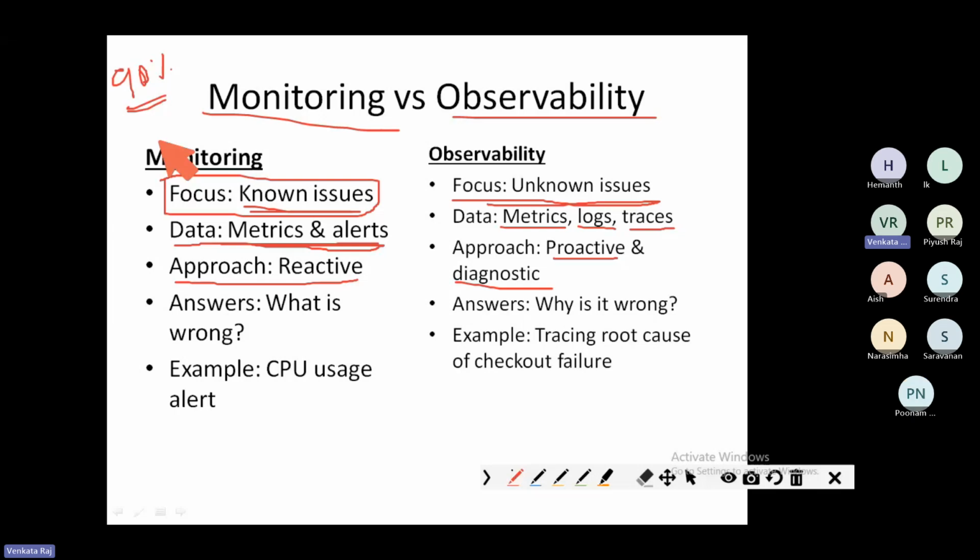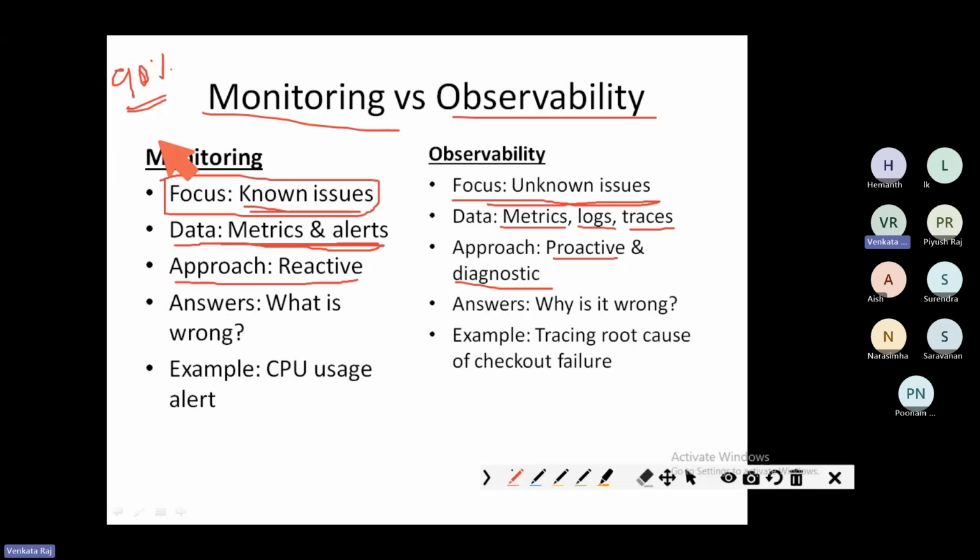But if my approach is proactive, guys, before I get the alert, if I monitor my infrastructure properly, so before the CPU utilization reaches 90%, let's say it is going 80%, 85%, at that point of time, if I go and try to investigate where the problem is, what issue is causing that problem, maybe I will be able to avoid the CPU utilization reaching 90%. And as a result, I will also avoid the alert being generated.